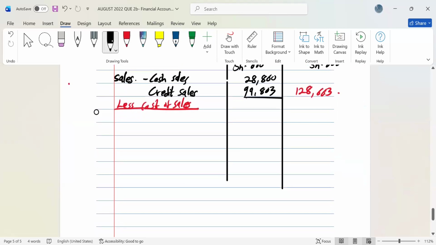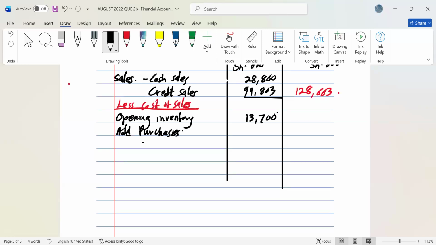Under cost of sales, we have opening inventory. The figure is what? 13,700. Right? Now we add purchases. Remember we had cash purchases.